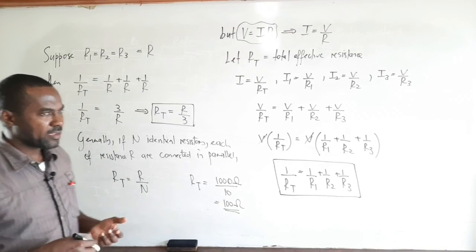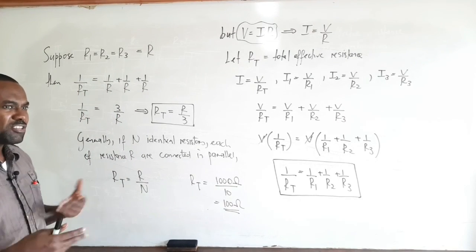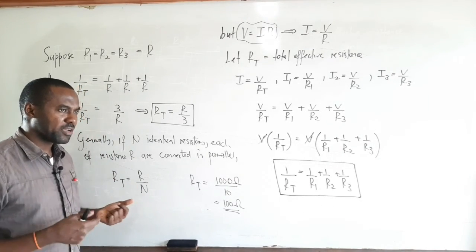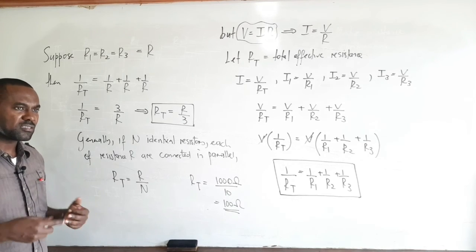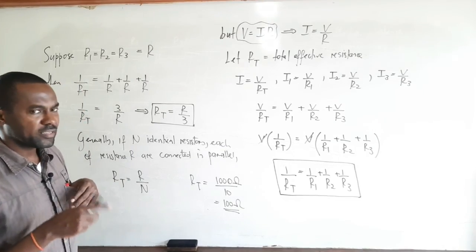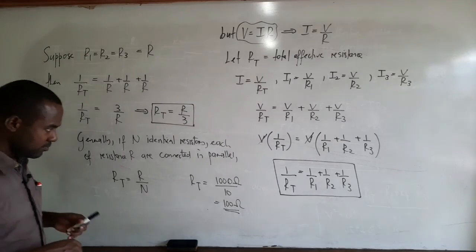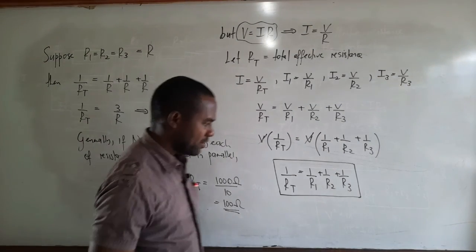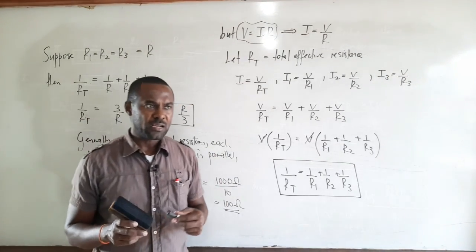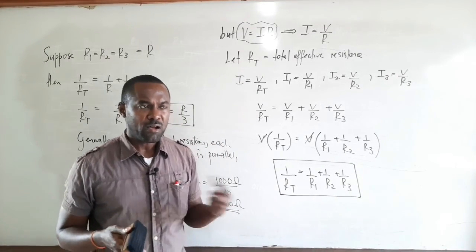Unlike the series combination of resistors, where the total resistance is larger than each individual resistance, in a parallel connection the total effective resistance is always smaller than even the smallest of the resistors connected in parallel. So effectively, connecting resistors in parallel is a way of getting a smaller resistance without having to find a single resistor of that particular value.